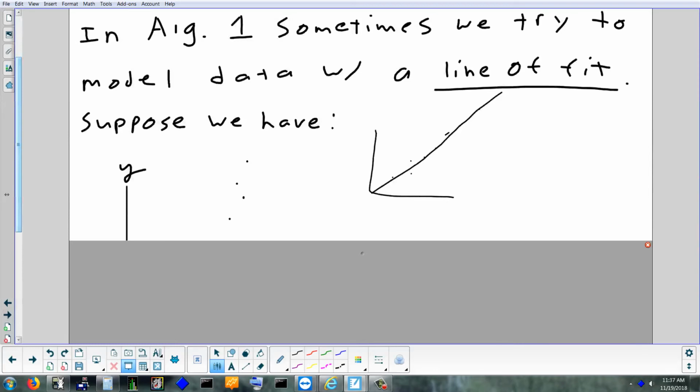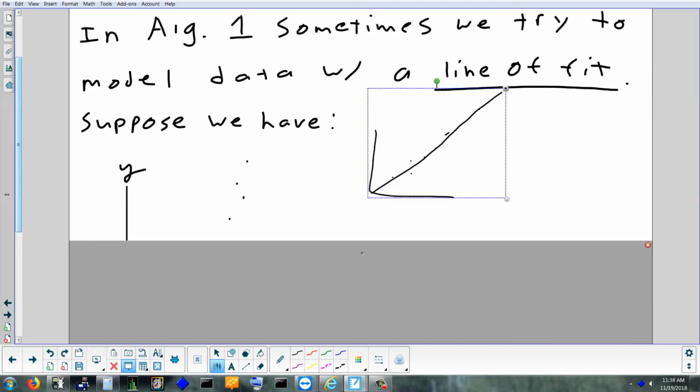And I've modeled the data with what's called a line of fit. Now in statistics, there's a way to calculate the best possible line. You can find the best slope and the best intercept, and there's no guessing at all, like I just guessed. And the way you do it has to do with what's called residuals, and you look at the distance of points from lines, but it's more of a statistics thing.